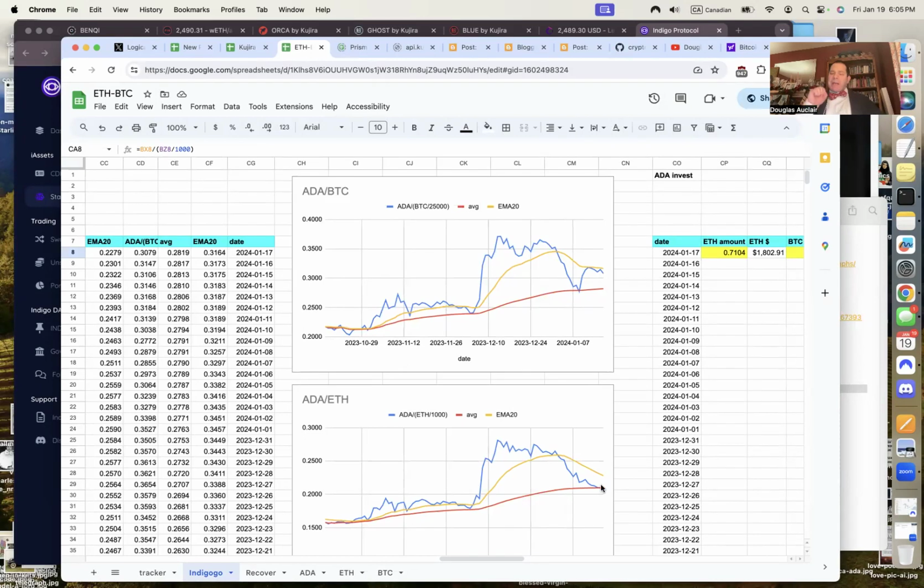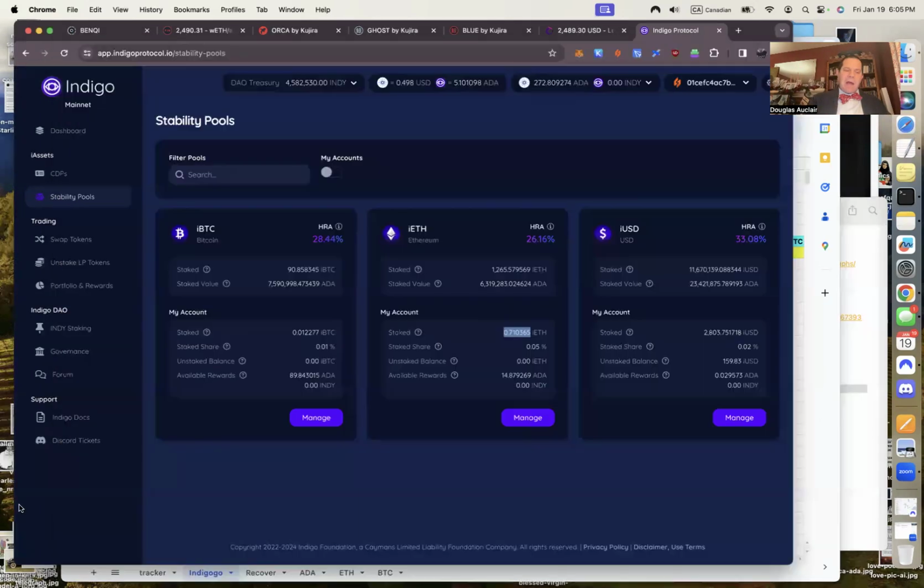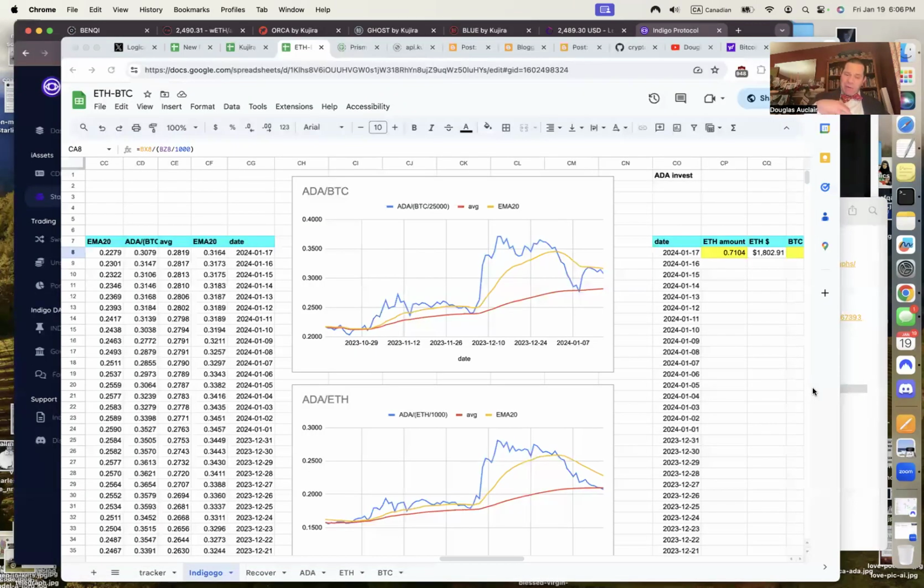So I'm not going to take my ADA at a low value and sell it to Ethereum, a high value, because I, as a trader, lose in that value proposition. Instead, what I do is I have a supply of ADA as IUSD that I have staked. And I trade the IUSD, a stable, to ADA.